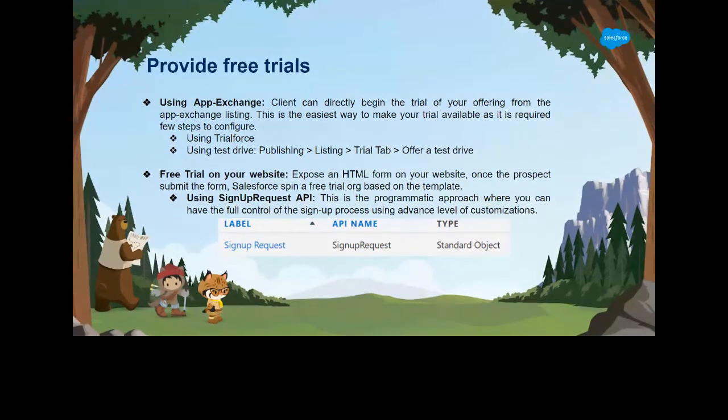So you can also do reporting on this object. Let's say you want to track how many sign-ups happened in one day. That kind of information can be tracked, and you can create a report on this Sign Up Request. I will show you this object as well, if possible.